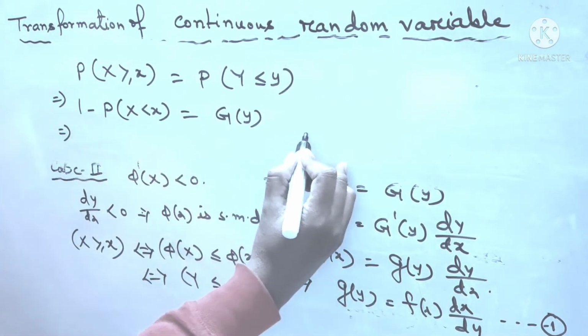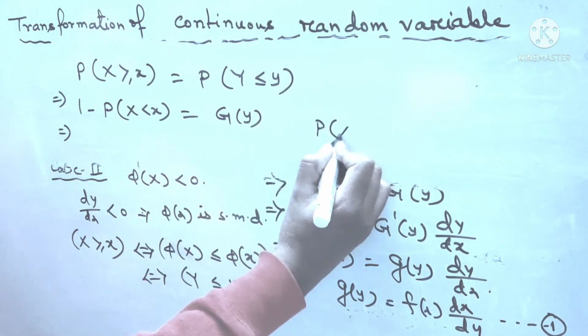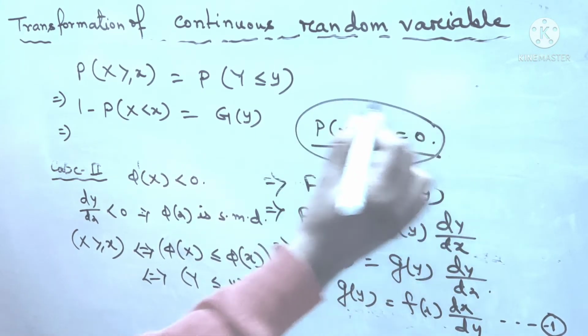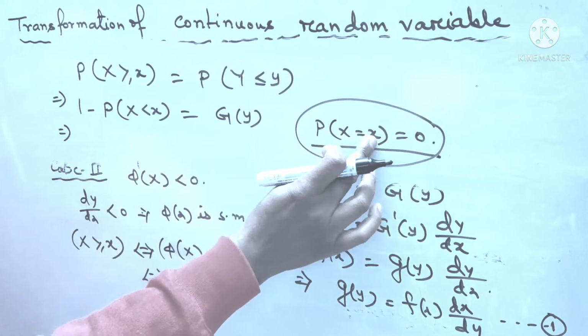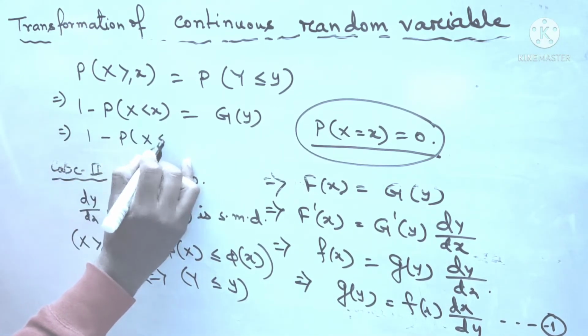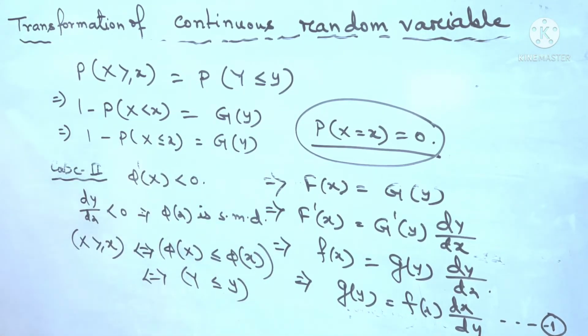And since for a particular point of a continuous distribution P of capital X equal to x is equal to 0, we can add equal to x here, that is 1 minus P of capital X less than or equal to small x, which is equal to G of y.